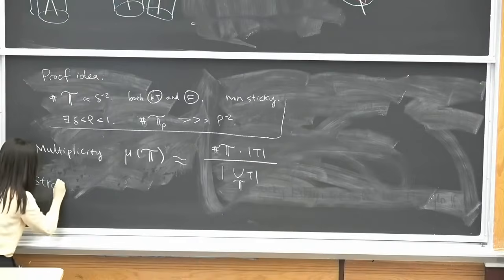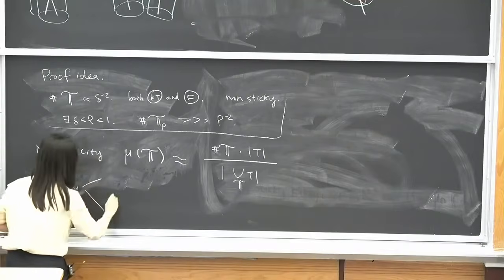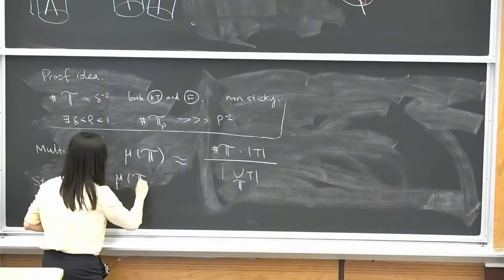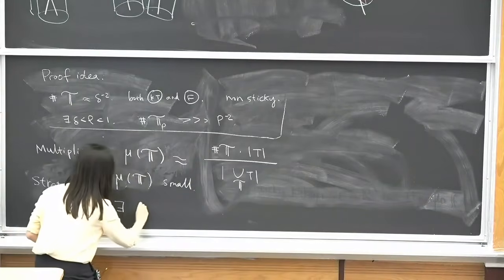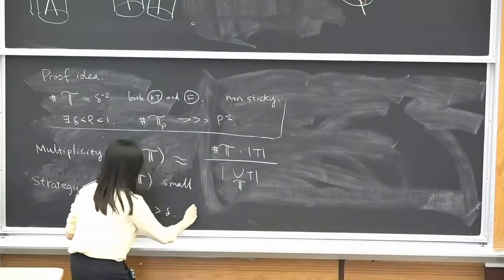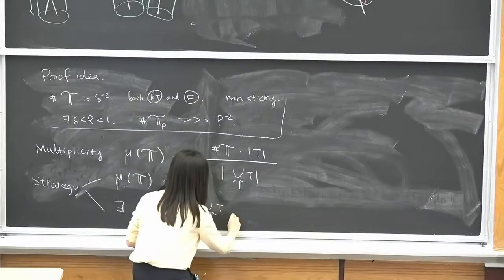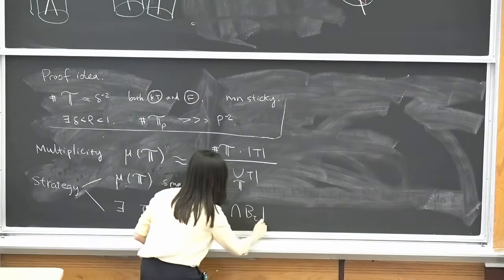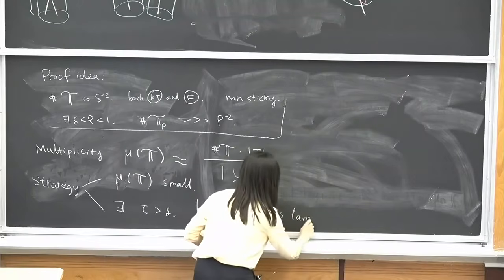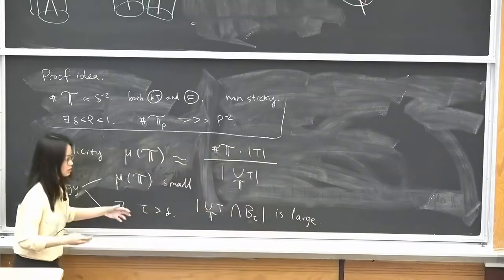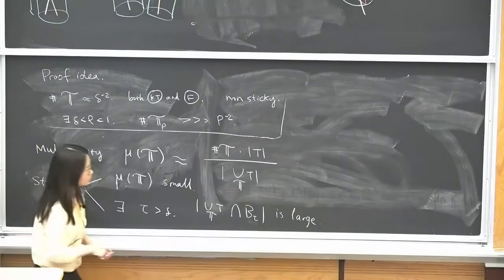So the winning strategy: either we show that the multiplicity is small, or we show that there exists some tau greater than delta, such that the union of tubes intersecting a typical ball of radius tau is large. So those are two strategies. In reality, we have more strategies, but let's say we focus on these two.